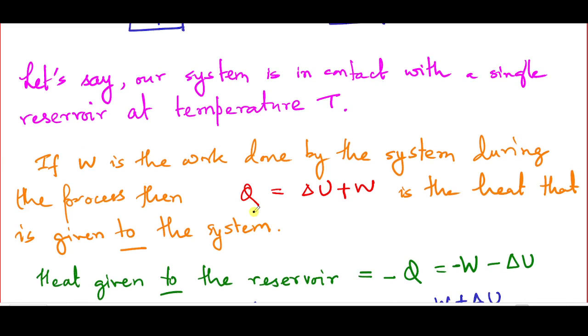Now, this process is almost certainly bound to be irreversible. After all, we did not say that the temperature of the system is T. The temperature would go from some temperature Ti to some temperature Tf, neither of which needs to be equal to T. That of course depends on the initial and the final states.